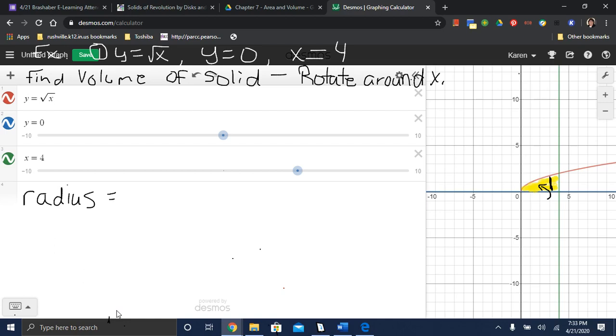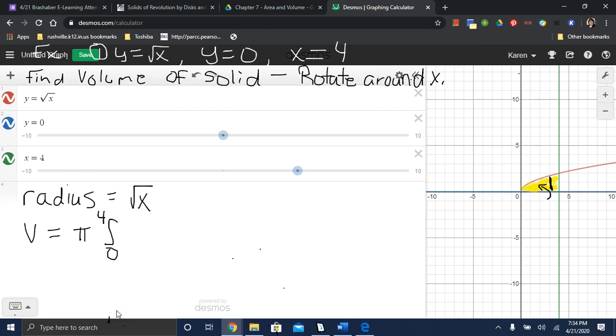So in this case, that's a measurement from the x-axis up into the function, which is the square root of x. So to find our volume, we will do pi times the integral. Now we're going to integrate along the x-axis from 0, which is our first boundary, to 4, our second boundary.